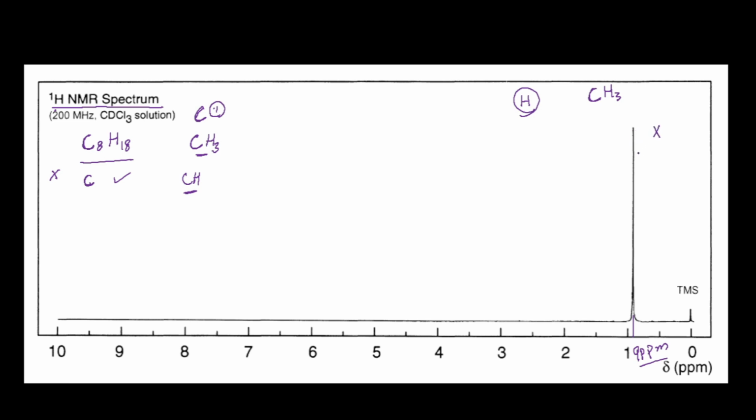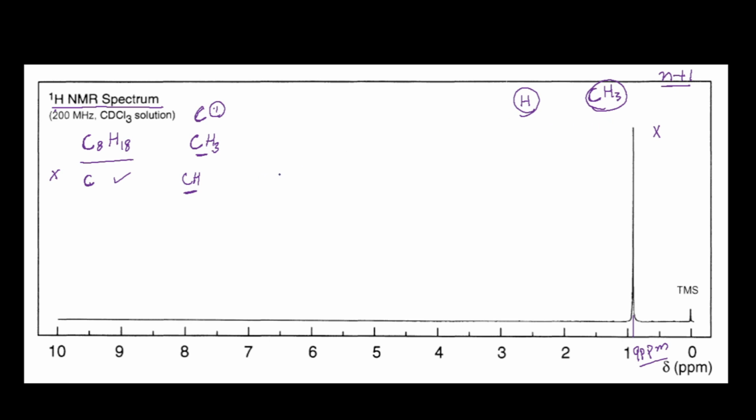It means that in the neighborhood there is no proton to give splitting by the n+1 rule. So this methyl group gives a singlet, and there is no neighboring proton.